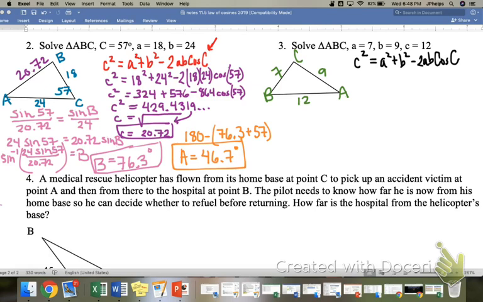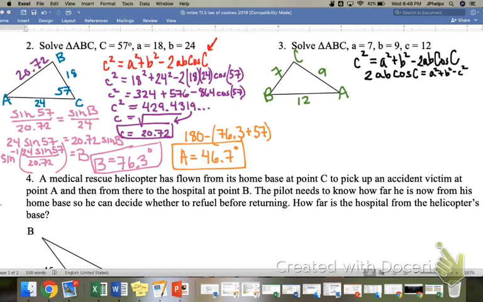Now, the first problem that we did in part 1 of 11.5 was similar, in that we were using the law of cosines to solve for an angle. You can do it that way, where you plug in the numbers and solve for angle C the way that it's written, or we can rewrite the equation so that we've got it in terms of the angle.